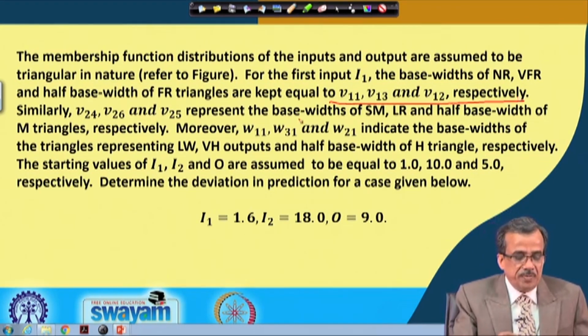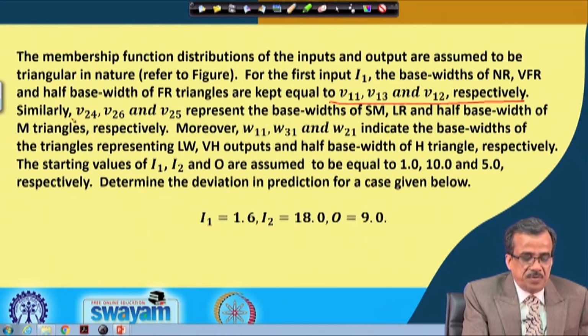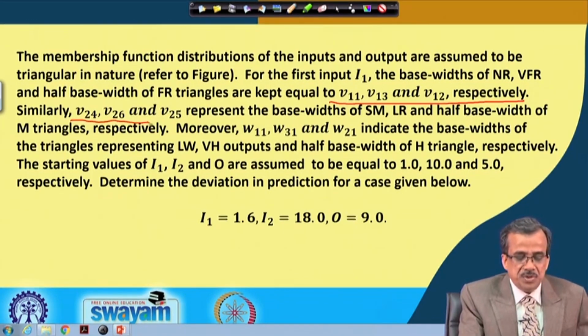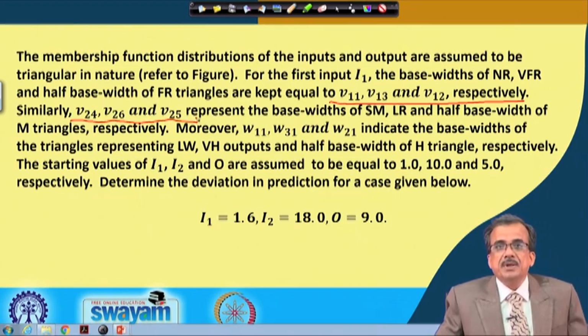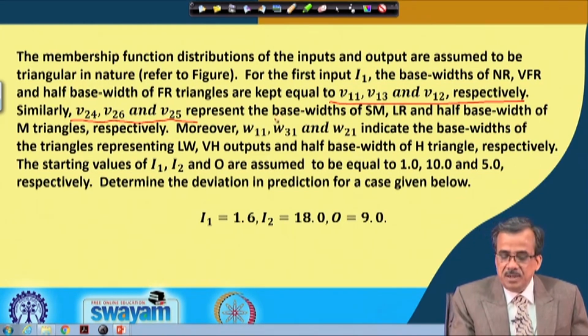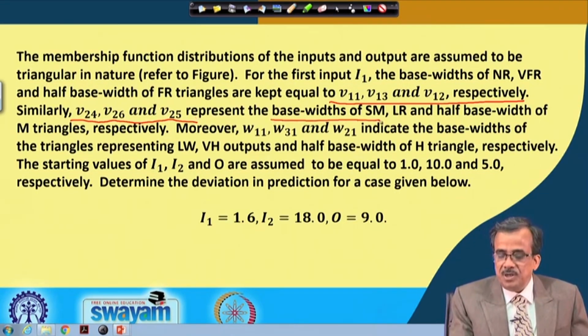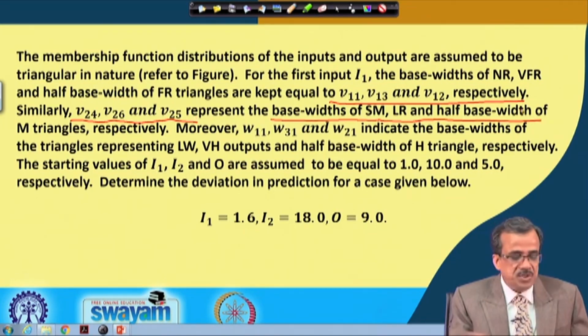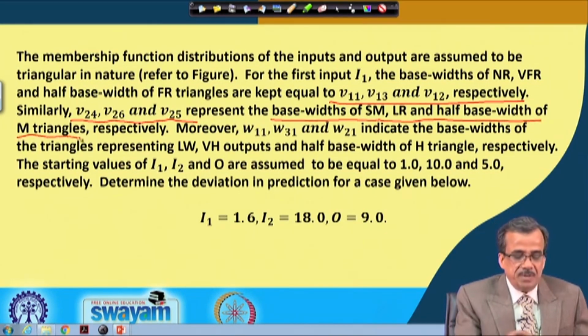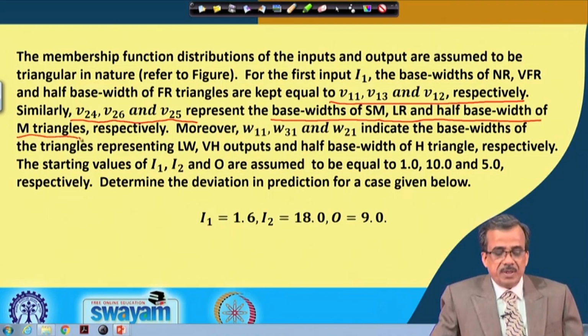Similarly, for I2, V24, V26, V25 are used to represent the base width of small, large and half base width of the medium triangles.